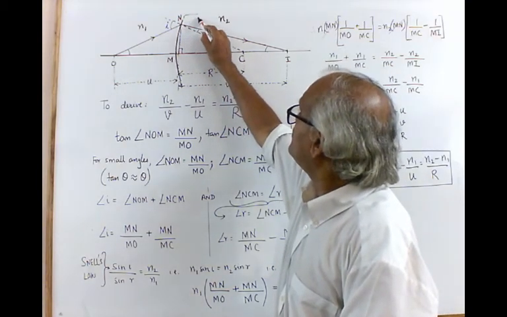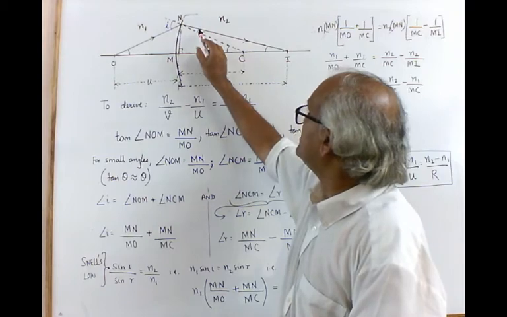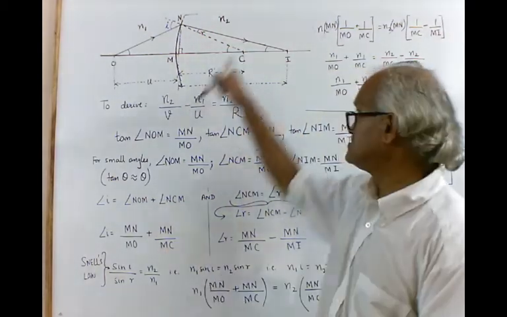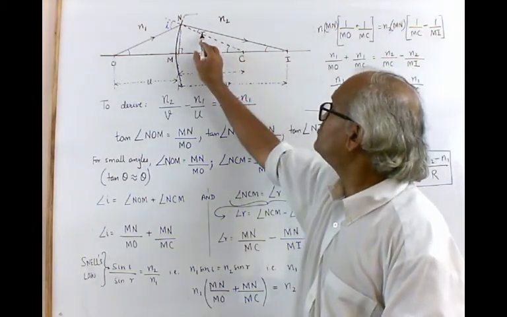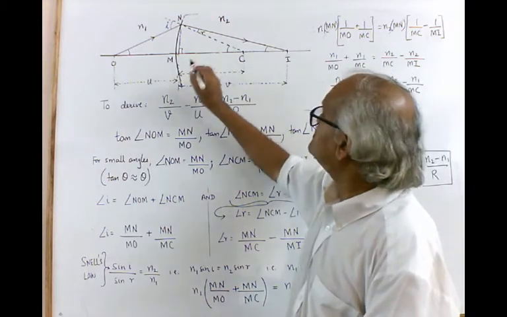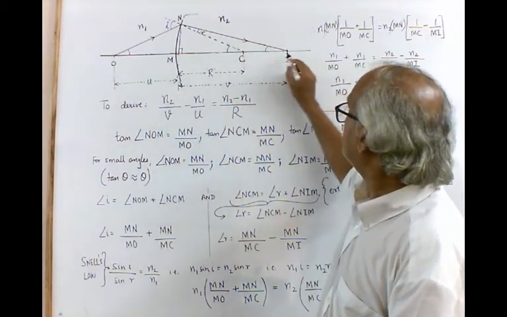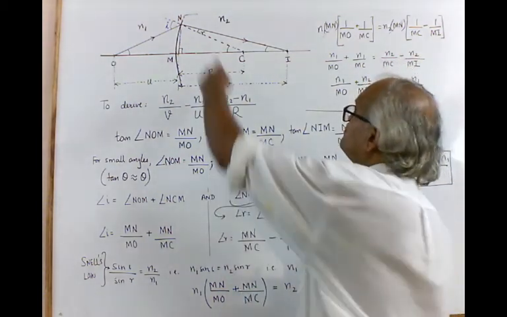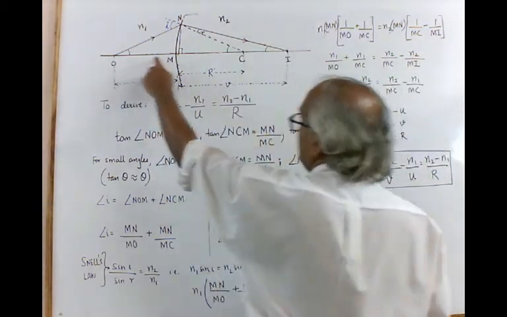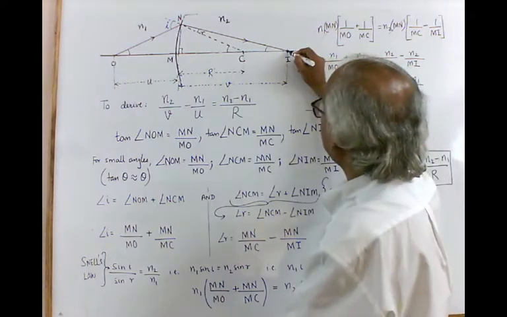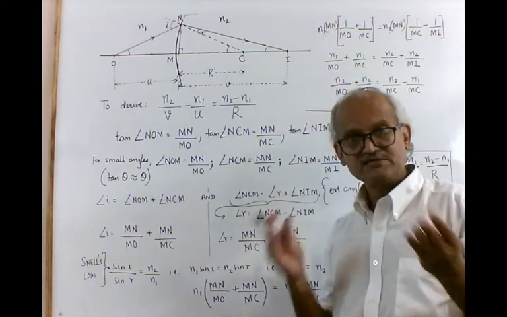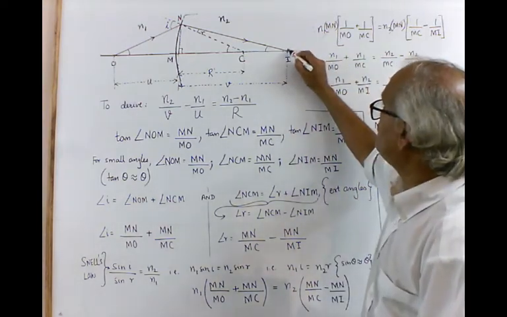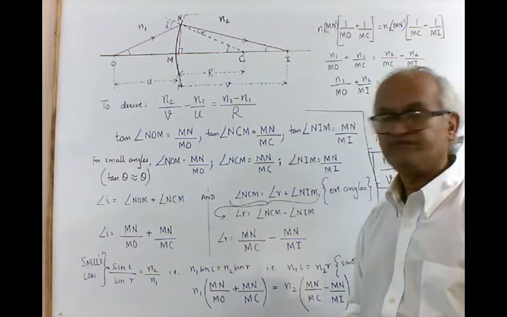Instead of continuing like this, it bends inward because this is a denser medium, so it has to come toward the normal, and accordingly it gets refracted and ends up coming here. Then, because this ray and a ray along the principal axis are meeting over here, we can assume that the image will be formed over here.